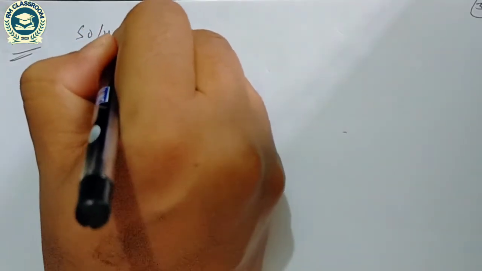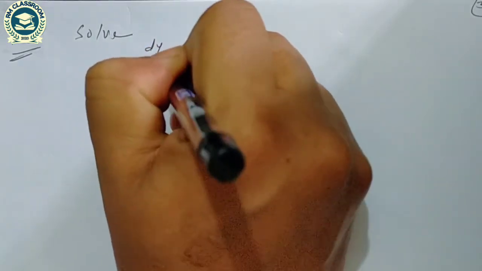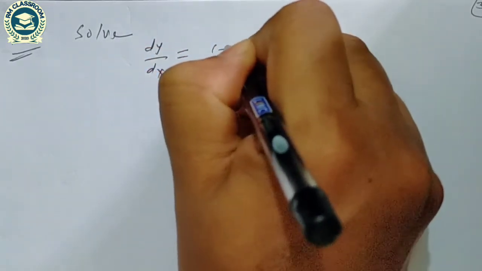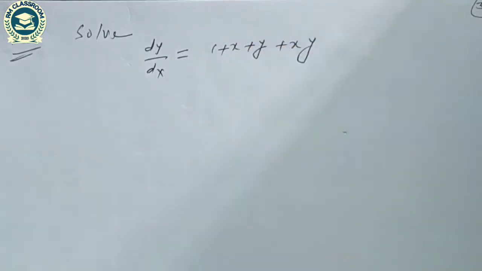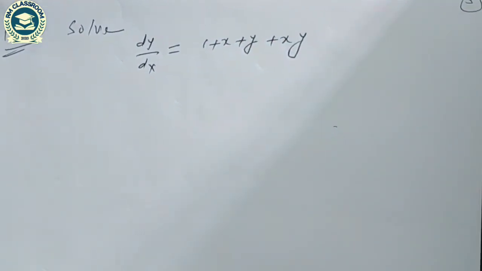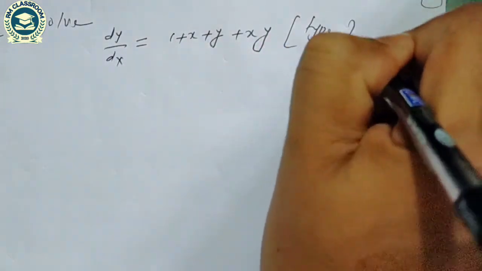Solve dy by dx is equal to 1 plus x plus y plus xy. So this is the type of variable separable form.